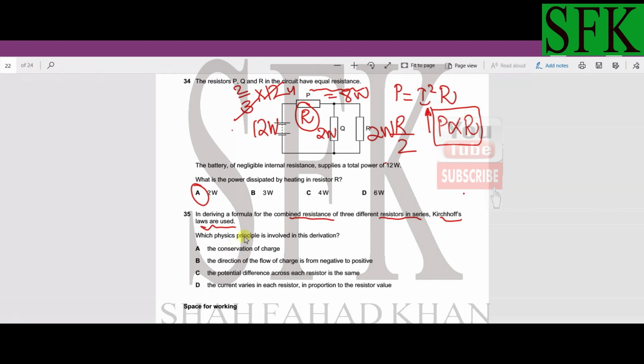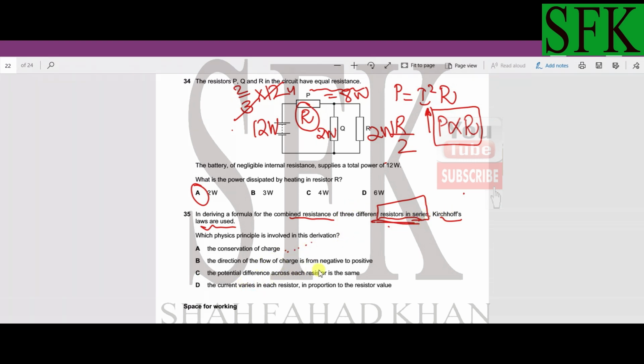We are considering resistors in series, so what happens? Yes, conservation of charge is involved. Then, direction of the flow of current from negative to positive charge. Current flows from positive to negative charge, guys. Flow of charge from negative to positive can be in both directions, if an electron is flowing, and it doesn't have anything to do with the derivation though.